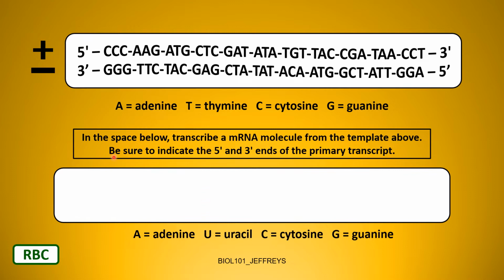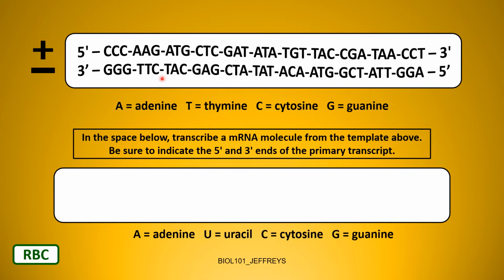So what I'm going to do down here in this space, I'm going to transcribe the message. So we're going to have in the transcription, in the message, this is GGG in the template, so we're going to have CCC down here. TTC in the template, so we're going to have AAG down here, right? You're just doing the complement.